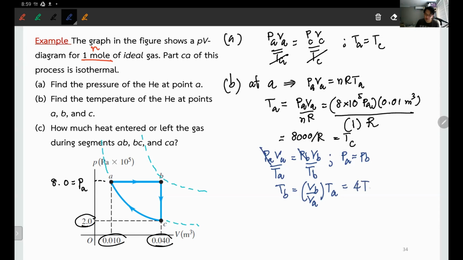So it's 4 times the temperature at A. And that is going to be, I just multiply 8,000 by 4, 32,000 over R. The unit will be, of course, Kelvin. It's an absolute temperature scale. All right, and that's done for part B.